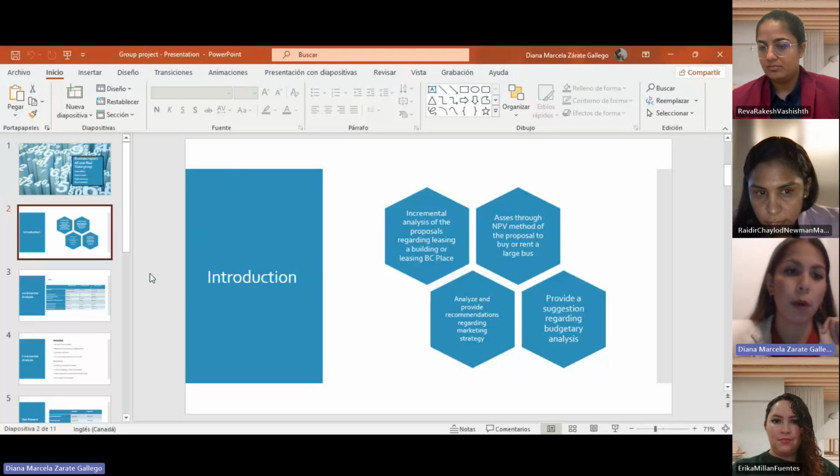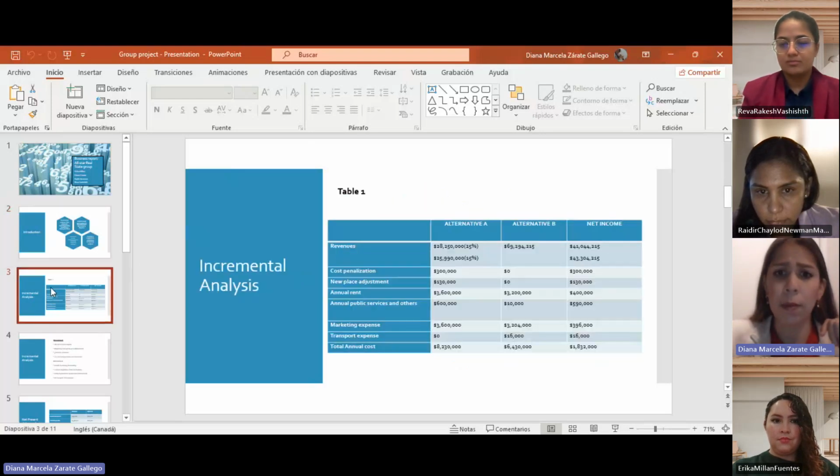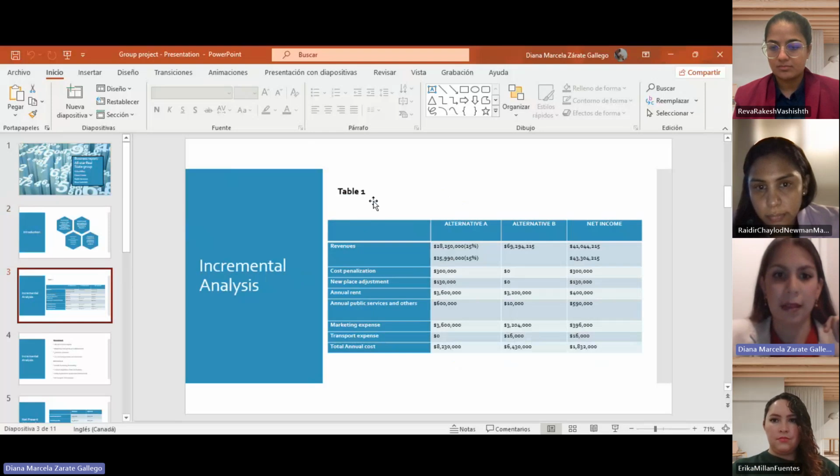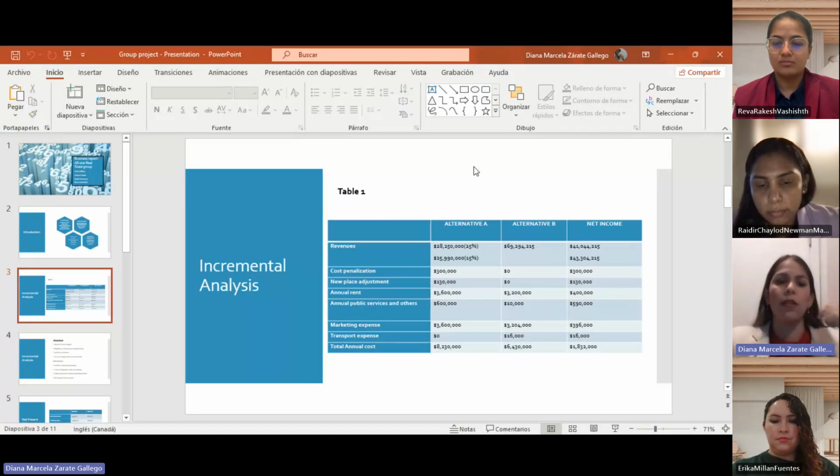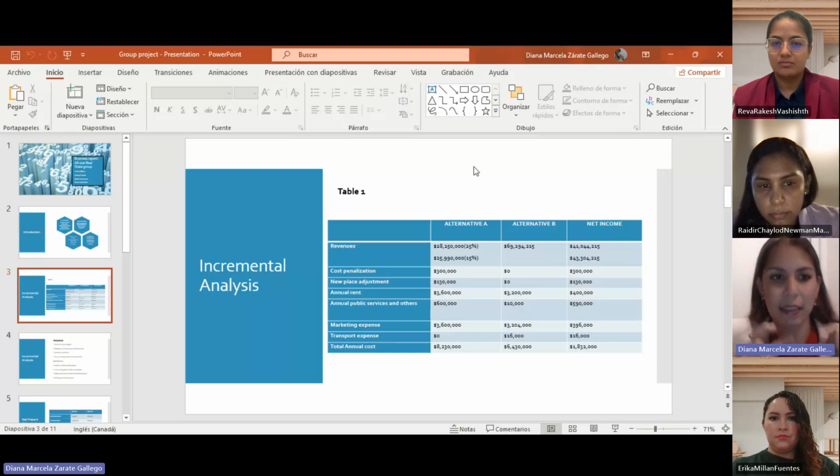So this business report will begin with the incremental analysis, which is an important tool to analyze two alternatives that the company All Star has.